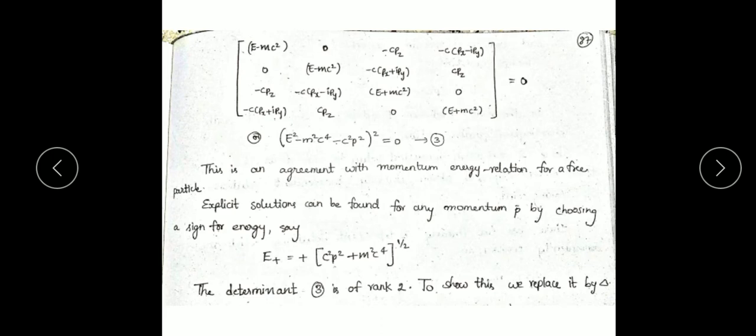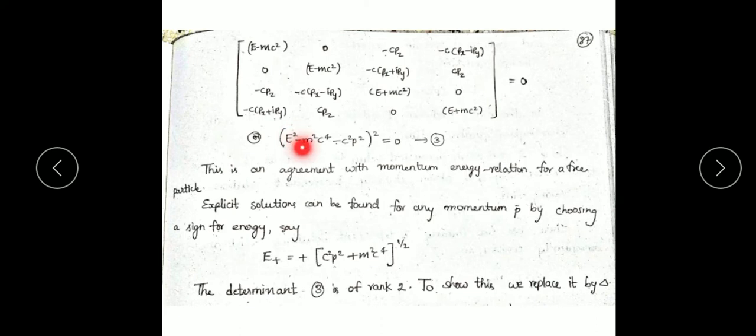If we write all these coefficients in matrix form and find the determinant, it has to be 0. Solving this entire determinant involves huge calculations.